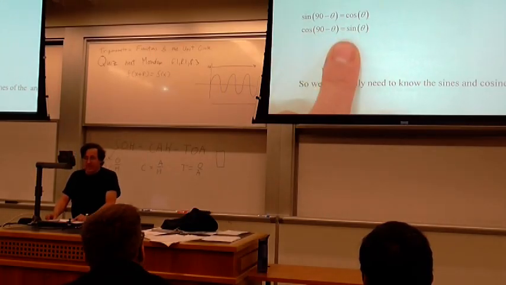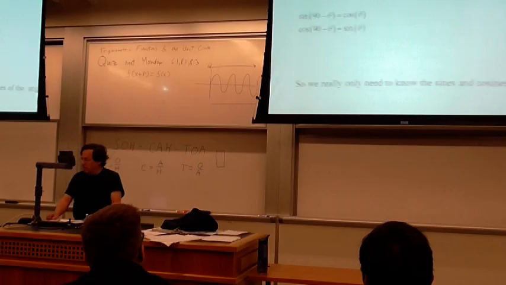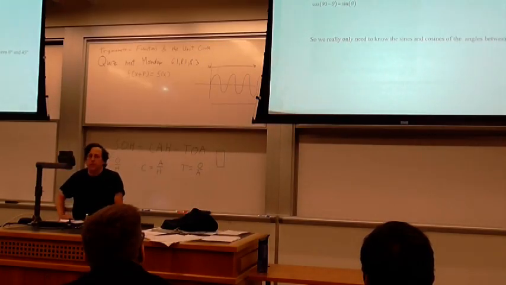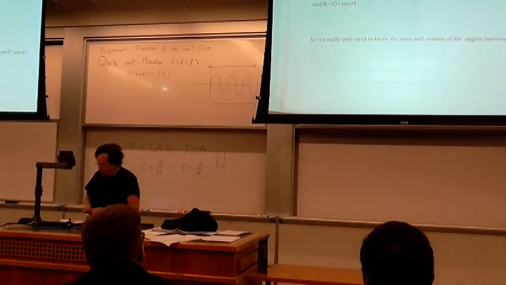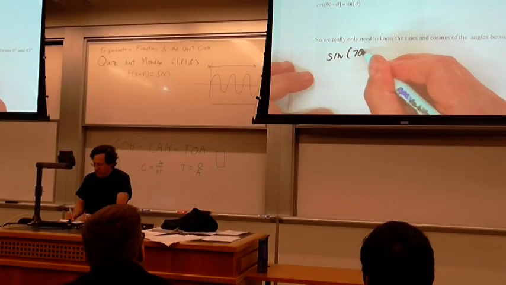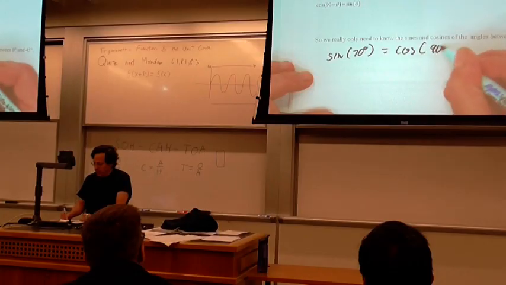Well, the upshot of this is you don't really need to know all the sines and cosines between 0 and 90. You only need to know, let's see, between 0 and 45. Because if, for example, you want to find the sine of 70 degrees, you know that's the cosine of 90 degrees minus 70 degrees.